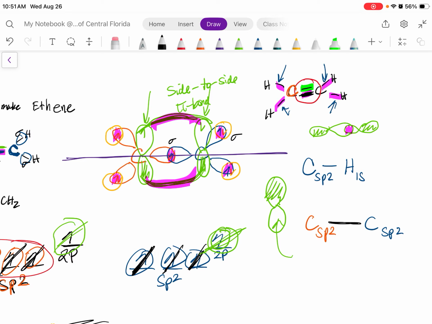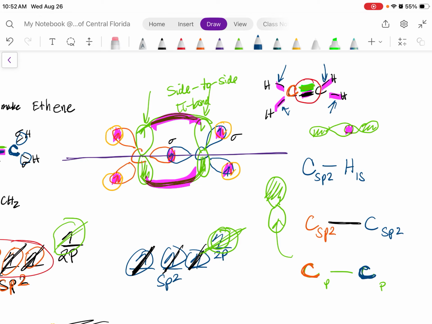But it also has a carbon-carbon pi bond. And so what are we using there? What orbitals are we using to form that pi bond right here? A 2p orbital and a 2p orbital. Or you could just get rid of the 2's and just say 2p orbitals on those carbons. And if we're going to keep the coloring code, that's our orange, and this would be our blue. Like that.